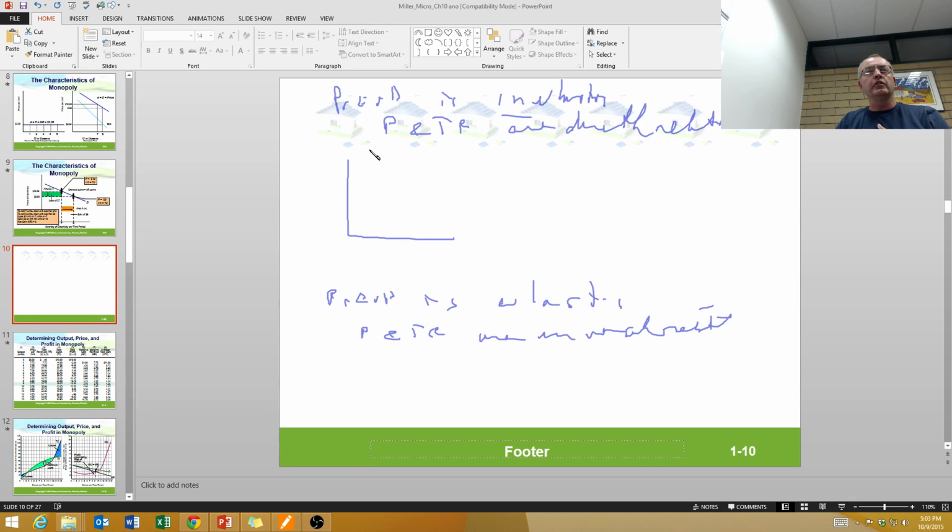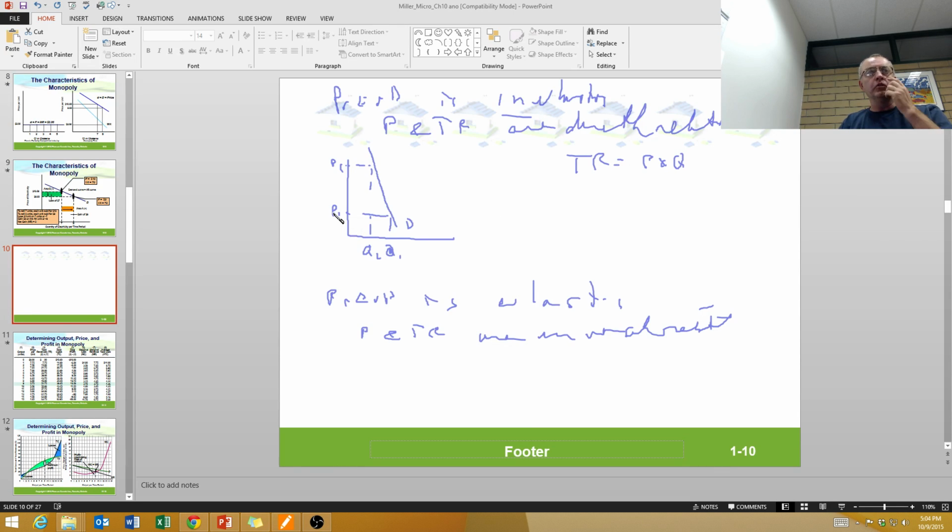If we draw our demand curve relatively inelastically and draw some P1, Q1, P2, Q2. So total revenue simply equals price times quantity.